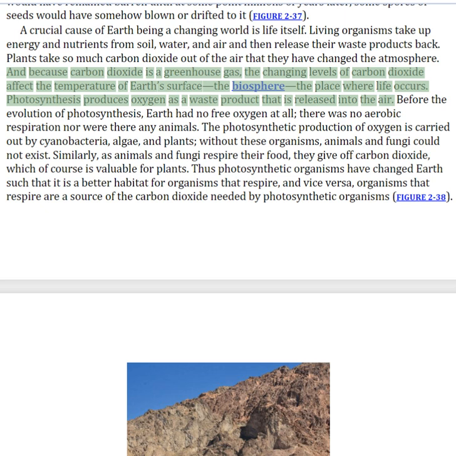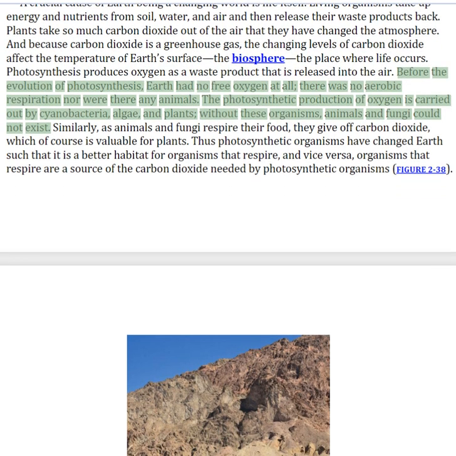Photosynthesis produces oxygen as a waste product that is released into the air. Before the evolution of photosynthesis, Earth had no free oxygen at all. There was no aerobic respiration nor were there any animals. The photosynthetic production of oxygen is carried out by cyanobacteria, algae, and plants. Without these organisms, animals and fungi could not exist.